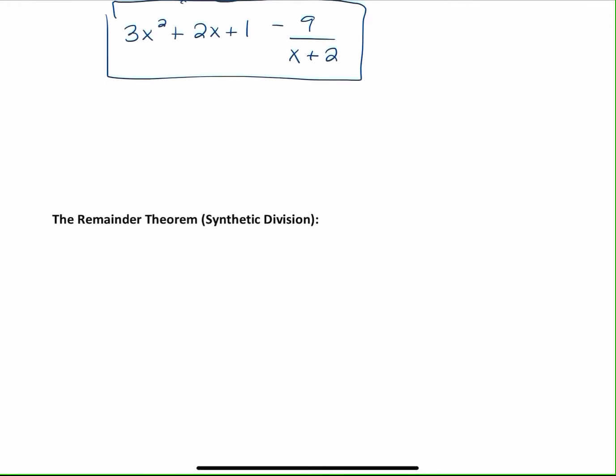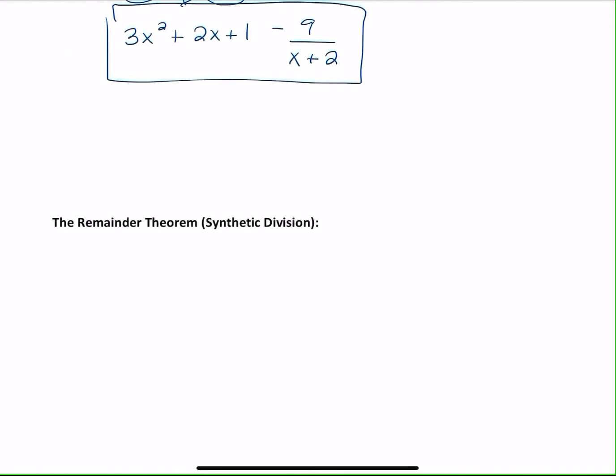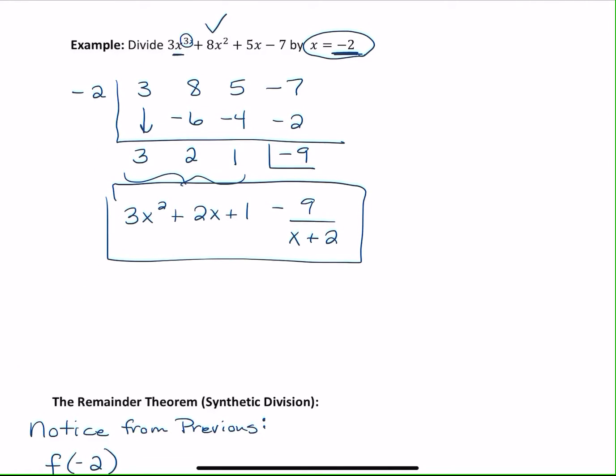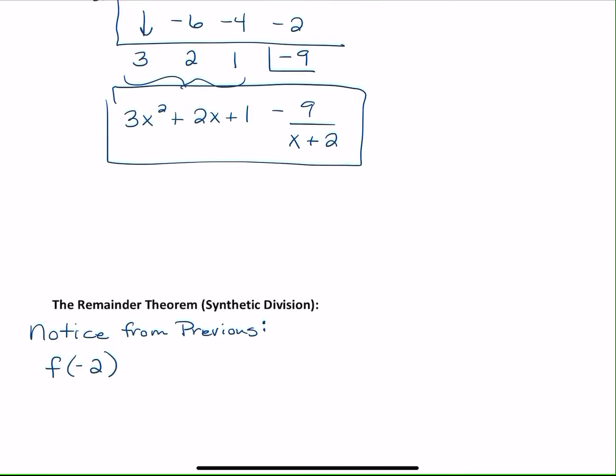Now let's take a look at the remainder theorem. Notice from the previous example, if I was to find f of negative 2, which means I'm plugging in negative 2 for x, let's see what happens. We've got 3 times negative 2 cubed plus 8 times negative 2 squared plus 5 times negative 2 minus 7.